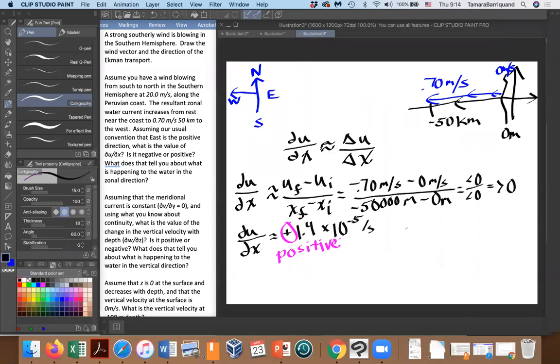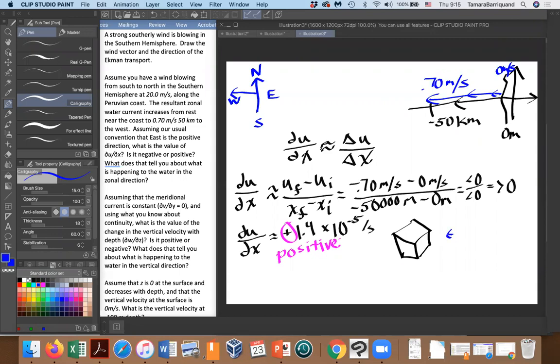So what that means is that if we were to draw our imaginary box in the middle of the ocean, as our water is coming into our box, since it's positive, and since we're going in this direction, I'll keep it consistent.